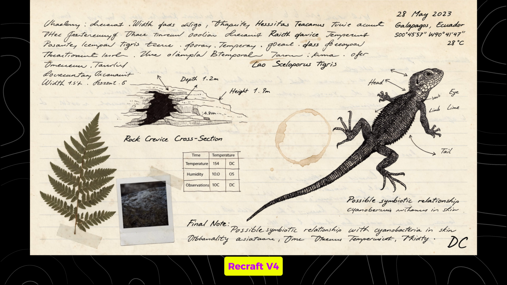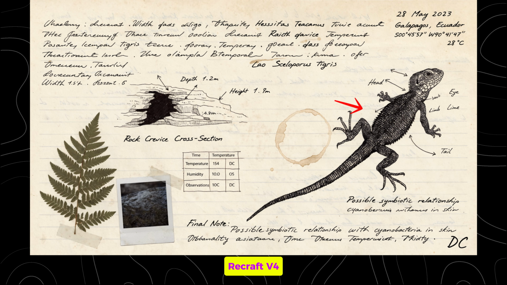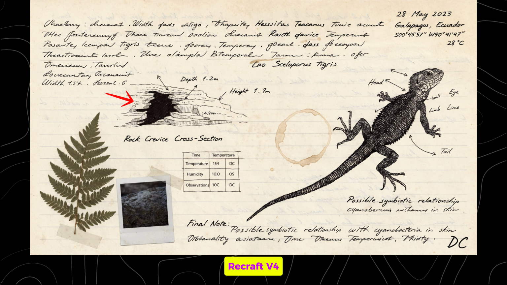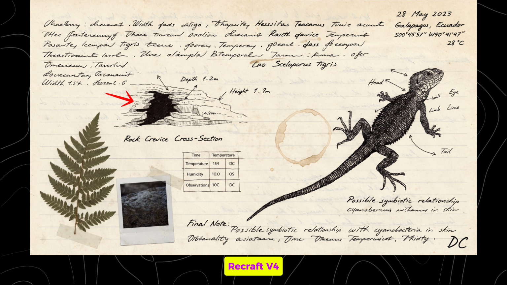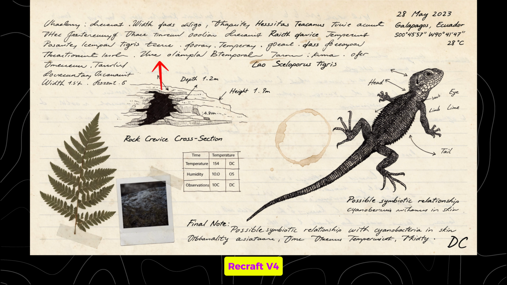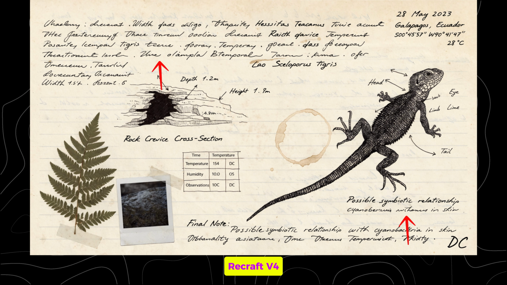This image is generated by Recraft V4. The lizard illustration is visually striking and detailed. The raw crevice cross-section sketch is good. Possible symbiotic relationship node is a nice touch. However, almost all of the main body text is completely unreadable.